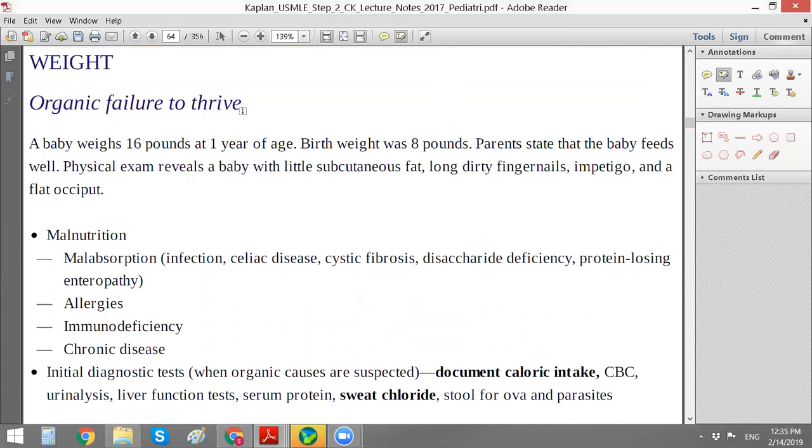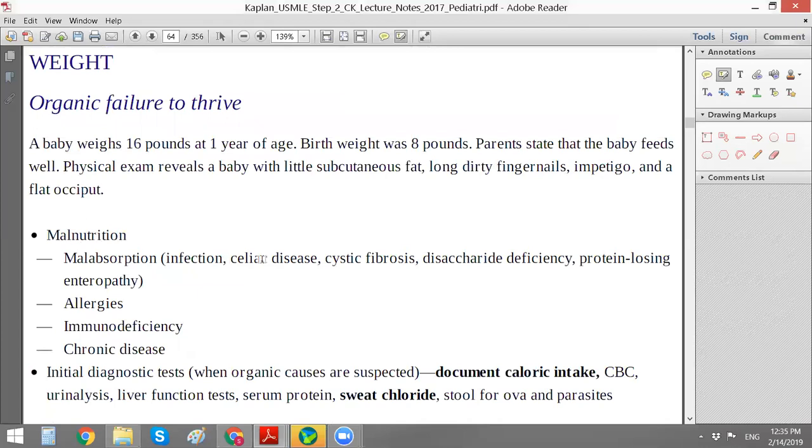Okay. Organic failure to thrive: a baby weighs 16 pounds at 1 year of age. Birth weight was 8 pounds. Parents state that the baby feeds well. Physical exam reveals a baby with little subcutaneous fat, long, dirty fingernails, fatigue, and a flat occiput: this is neglect.